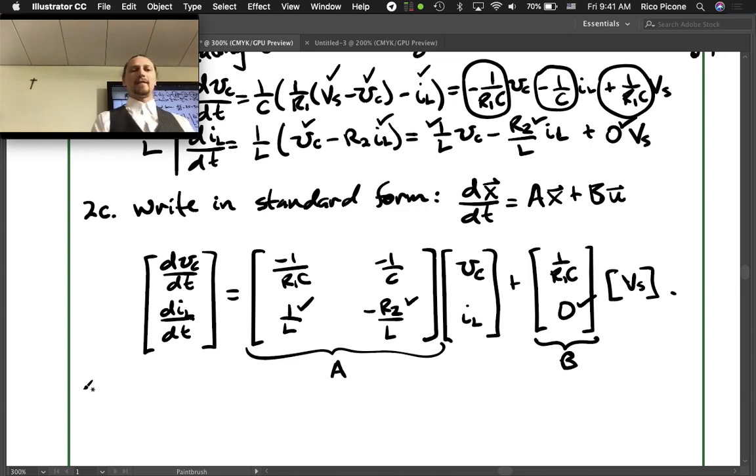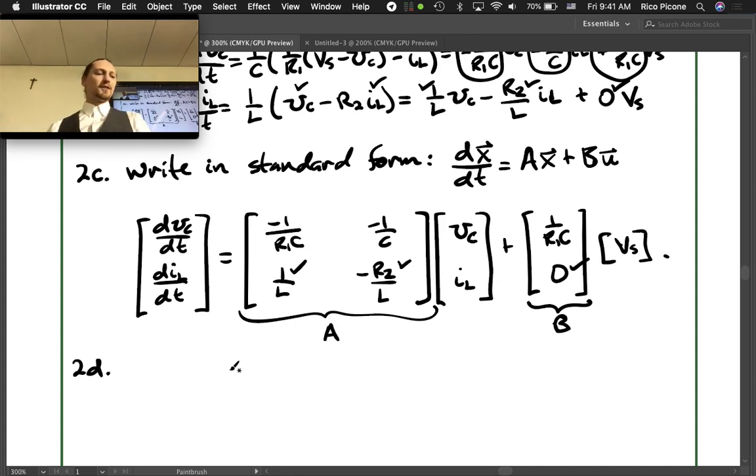Okay, now is the easy part, 2D, which is to express the output variables in terms of state and input variables using any of the elemental, continuity and compatibility equations. So it's important to, I think, take this a little bit slowly.